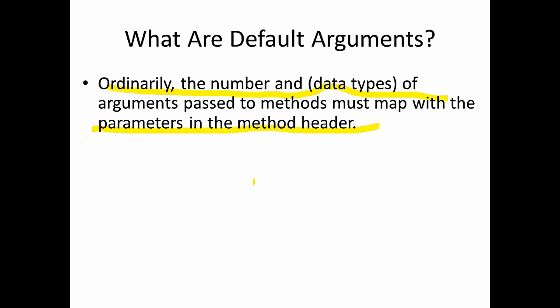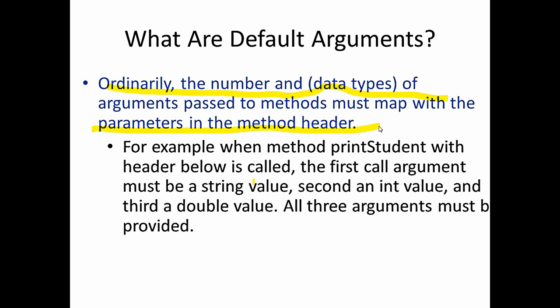Meaning of that is if the method header has three parameters, then when you make a method call, three arguments should be present and the data type of each should map with the method parameters.